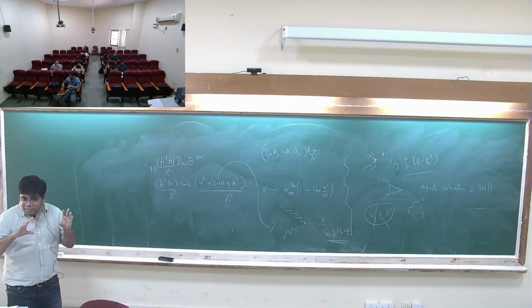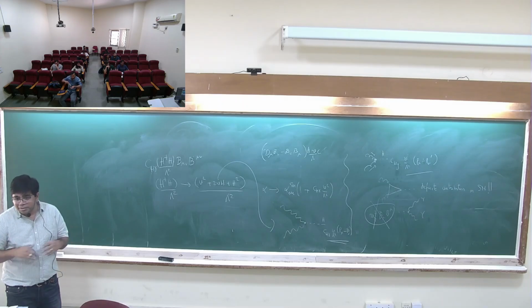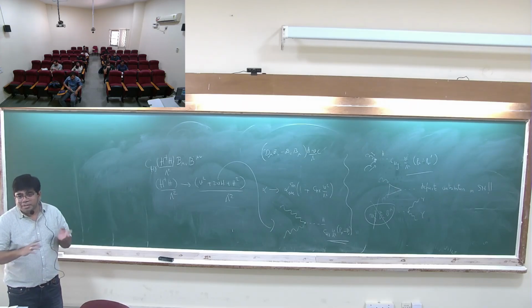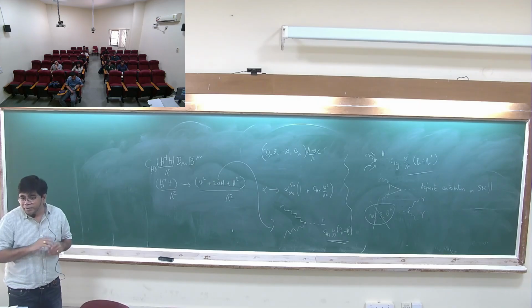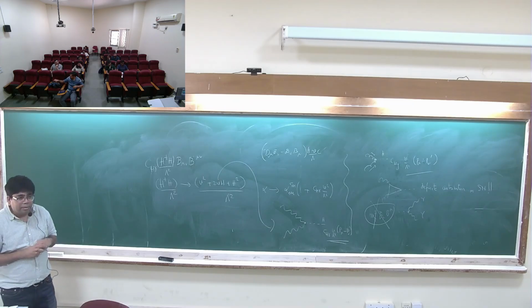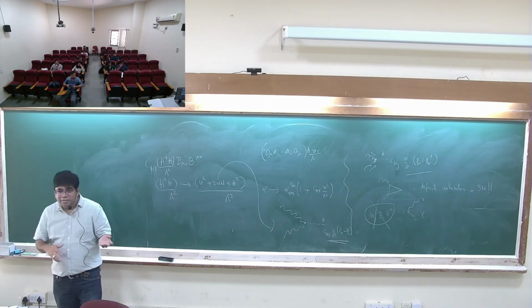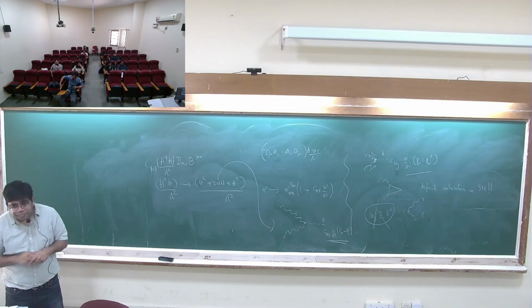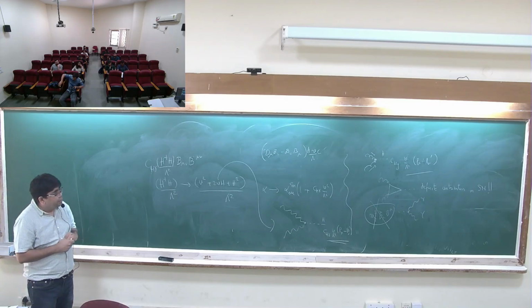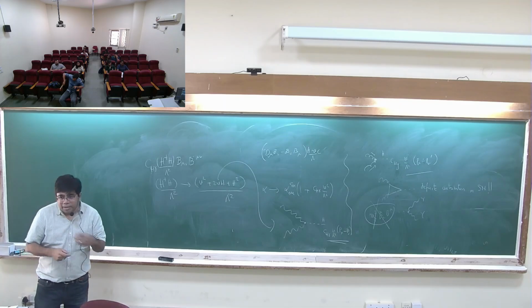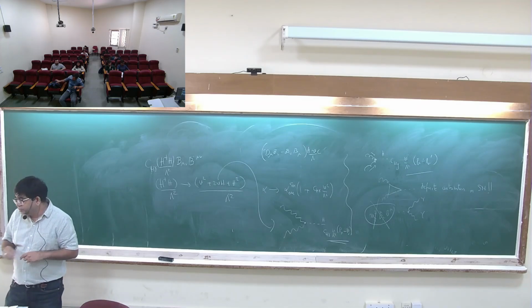When people say that they can do loop calculations in SMEFT, you have to be very careful whether they have canonically normalized wave functions, brought the propagators in the correct basis or not. All these things are issues. That's the reason why on-shell basis is much better. So I'll stop here and we'll continue in the next class, Tuesday. Okay.